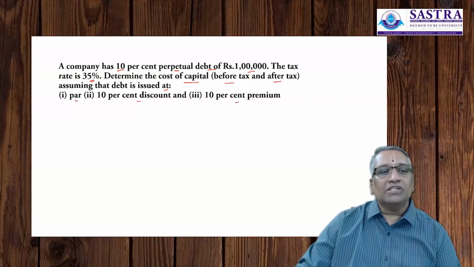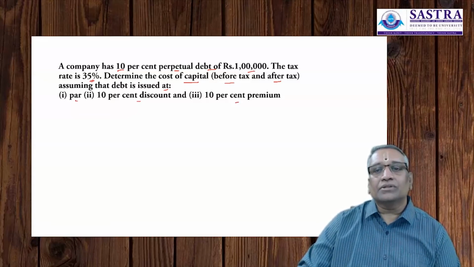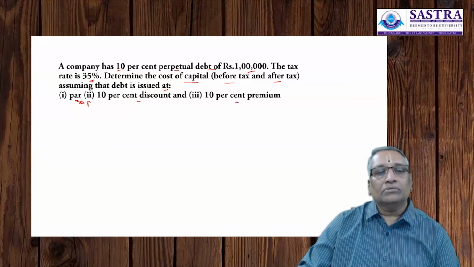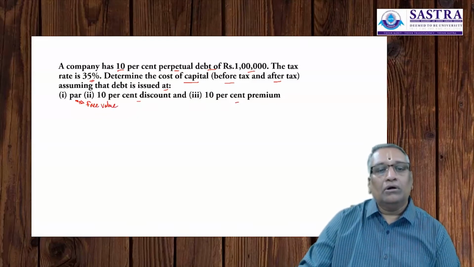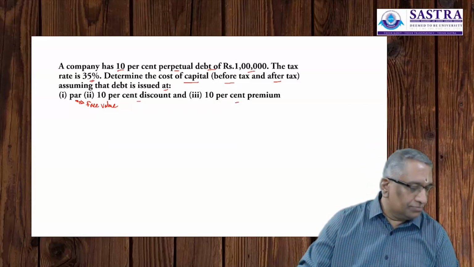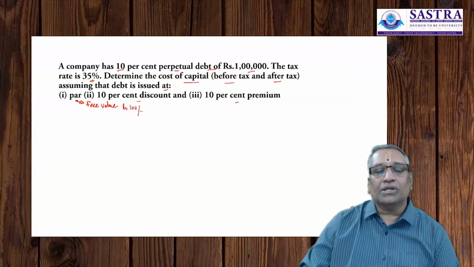At par means at face value. What is face value here? Face value is not mentioned in the question. Normally, unless otherwise given, face value can be considered as rupees 100.